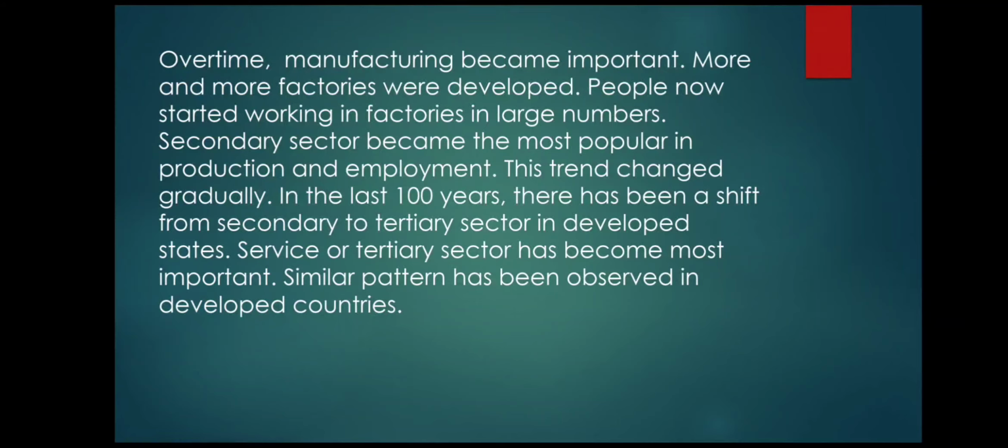For that, various factories were set up, and people also started realizing that if they work in this manufacturing sector, they are going to earn a good amount of money. So gradually this industrial sector was formed, which started producing a good amount of goods and services, and also provided employment to a greater number of people.